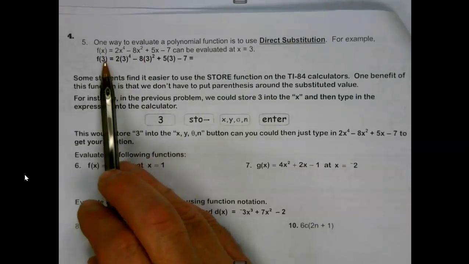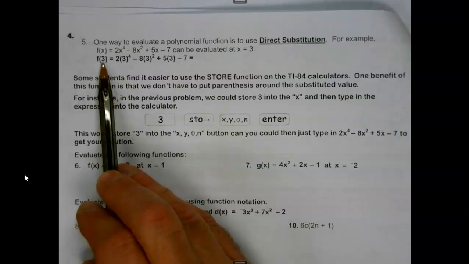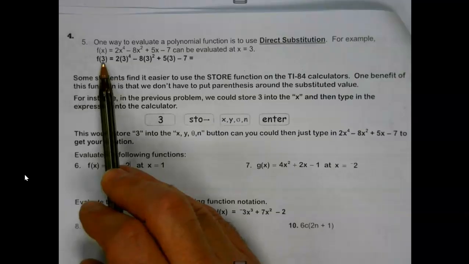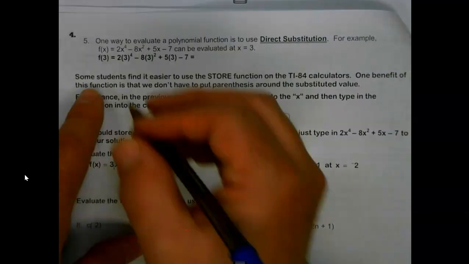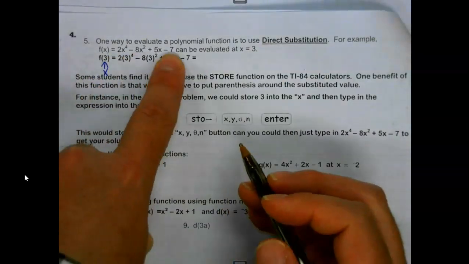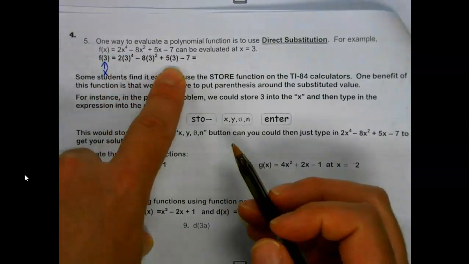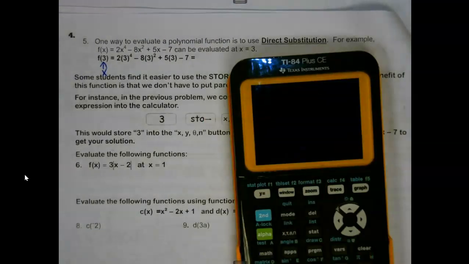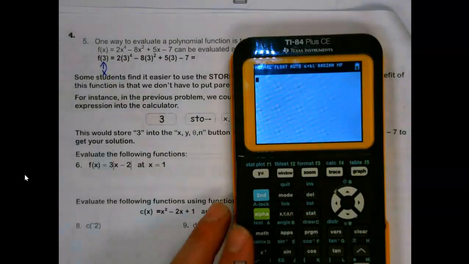When you see f of and some number inside, this doesn't mean you're solving for f. It means you're not dividing by 3. Don't do it. All this means is everywhere that you see an x in that polynomial, you plug in a 3 and get the answer. You can go to a calculator. You can use your noggin. You do whatever you want.